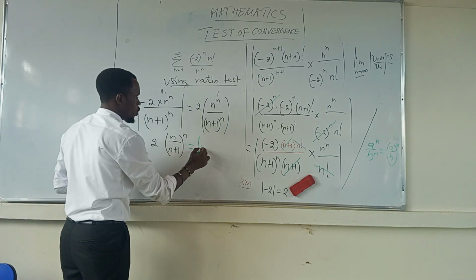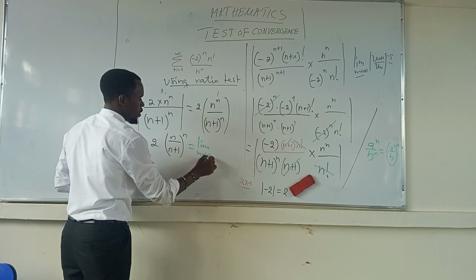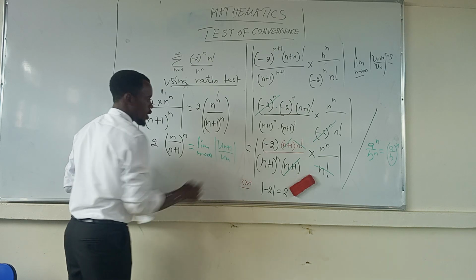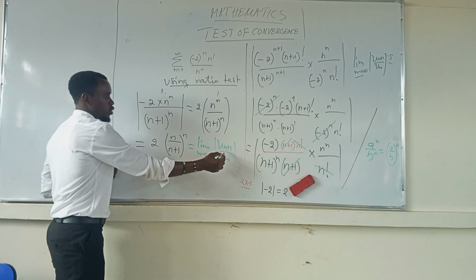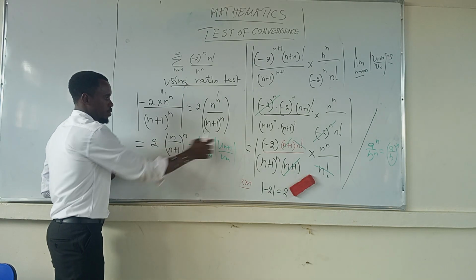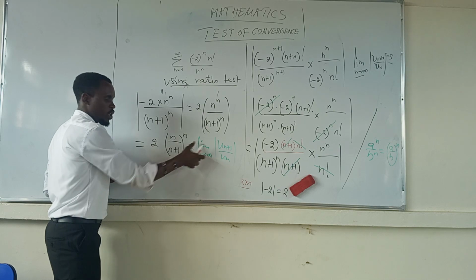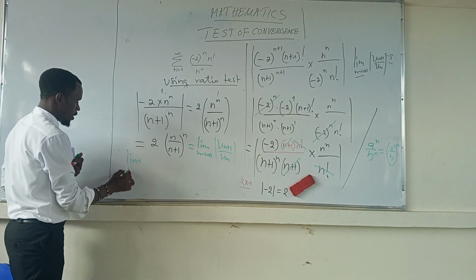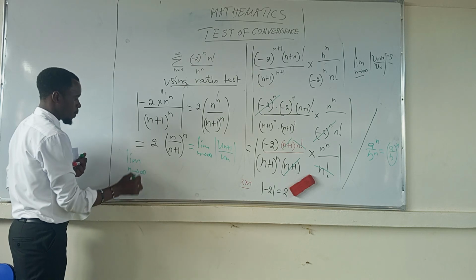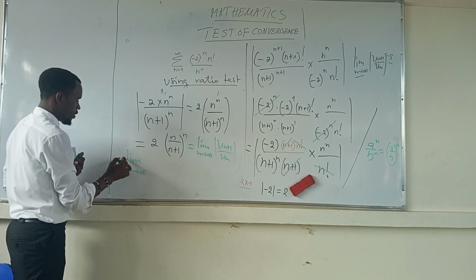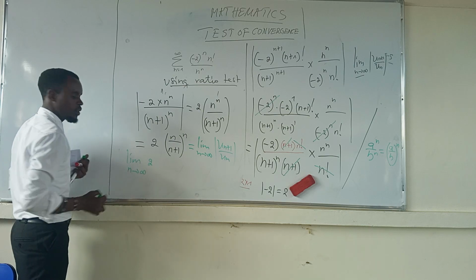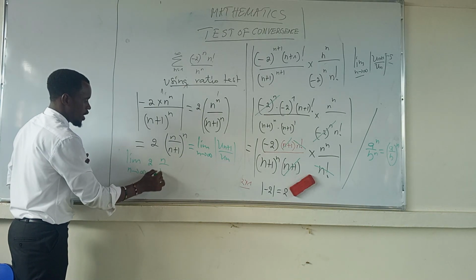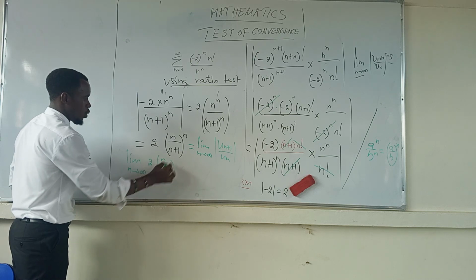This must be equal to the limit as n tends to infinity of u n plus 1 over u n, and the result of u n plus 1 over u n is this one. So I'm going to get the limit as n tends to infinity of 2, I can even put this 2 here, of n over n plus 1 power n.